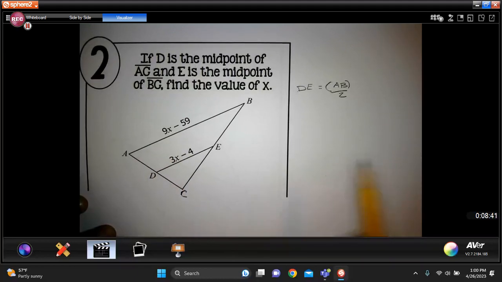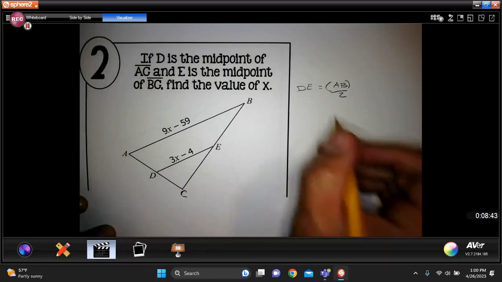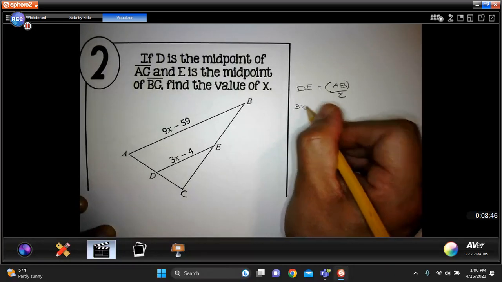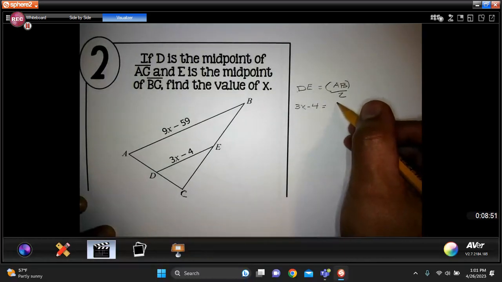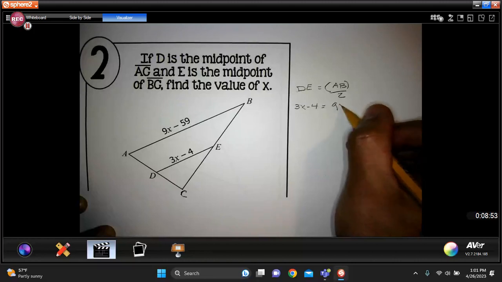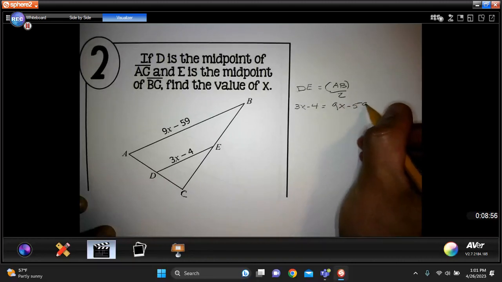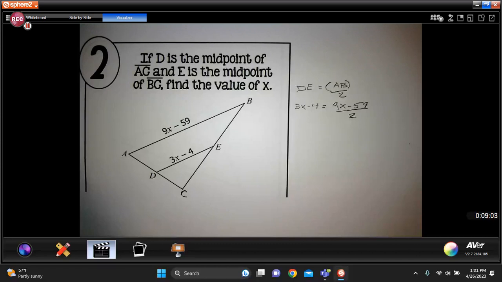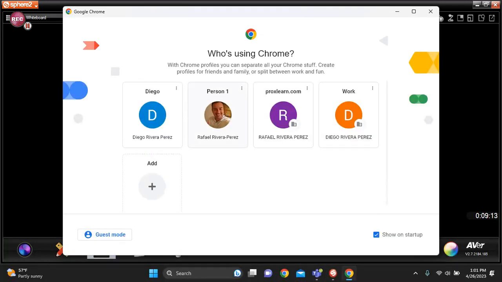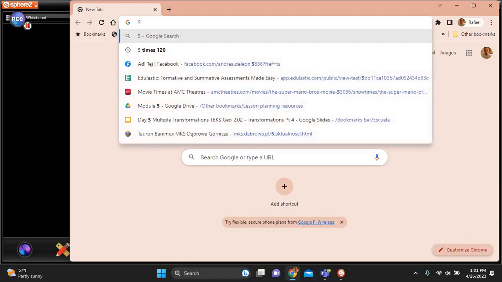Okay, now I can go ahead and substitute my equations. I have 3x minus 4 representing my equation here on my little side, and 9x minus 59, divided by 2, on my big side. So we got all that, make sure you write it down.